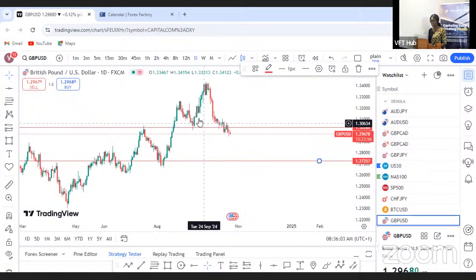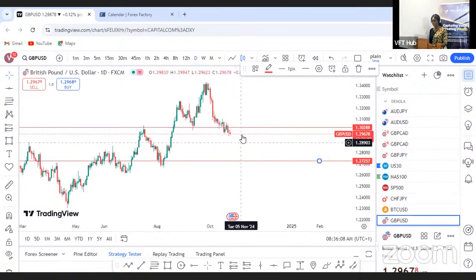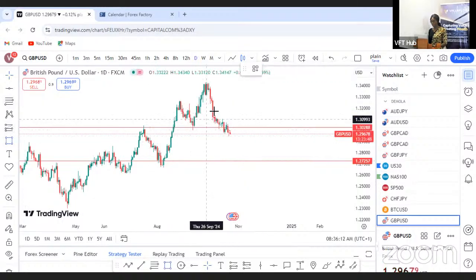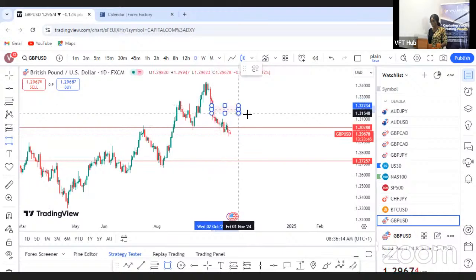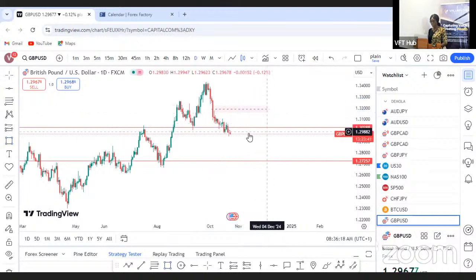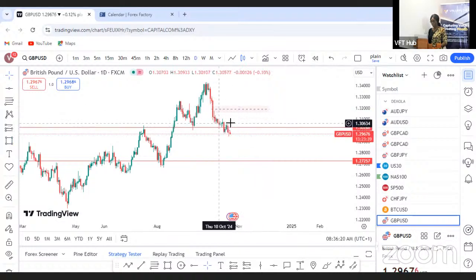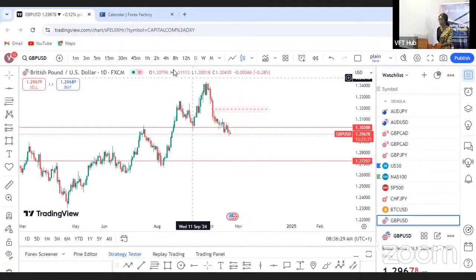So since price has broken out of this low, I want to see price retracing into at least this very fair value gap here on our daily time frame before continuing its sell to the downside, right? So this fair value gap is actually a good premium level for price to trade into and continue its sell all the way to the downside.